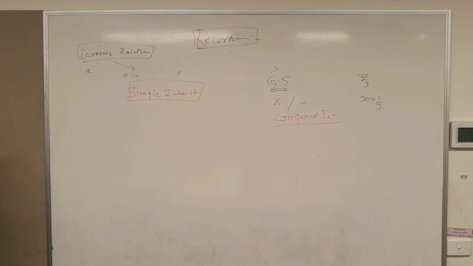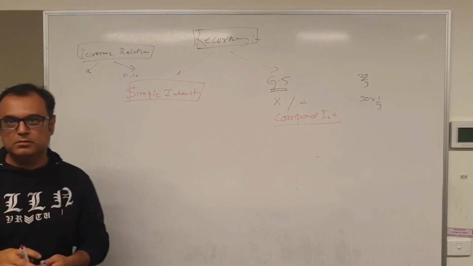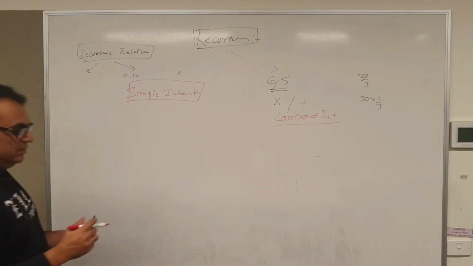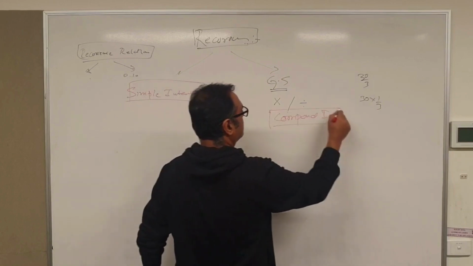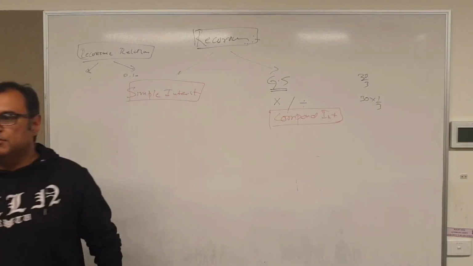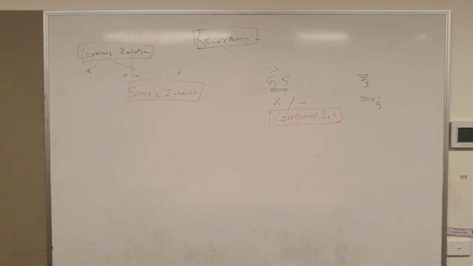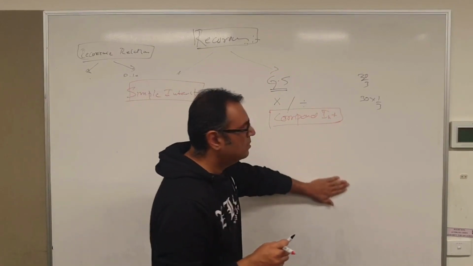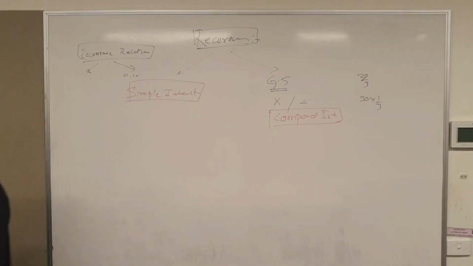What is the difference, Michelle, between simple and compound? You did that. I actually forgot the difference. Yavi? In compound interest, the value changes, and that's what the interest is becoming. Whereas simple interest, no matter what you start off with, if the interest keeps increasing, the value of the original number does not increase.